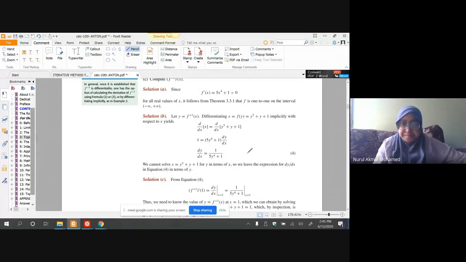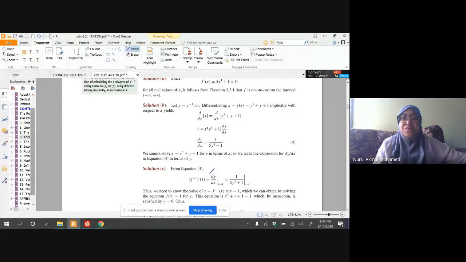We cannot solve x equal to y to the power of 5 plus y plus 1 for y in terms of x, so we leave the expression. It means that we cannot express y to the power of 4 here in terms of x.